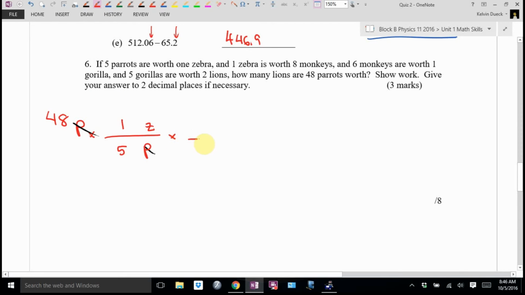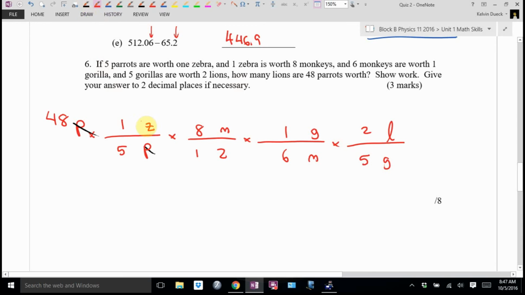And then apparently I can get zebras to cancel with monkeys. 1 zebra, 8 monkeys. And then I can get monkeys to cancel with gorillas. 6 monkeys, 1 gorilla. And then I can get gorillas to cancel with lions. 2 lions is 5 gorillas.